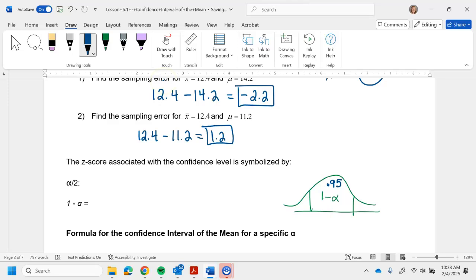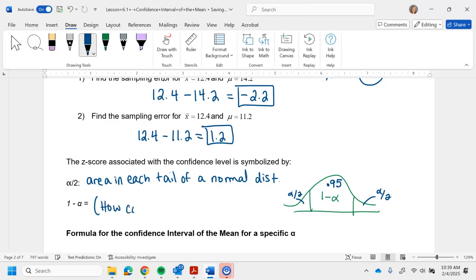Now, here, this is alpha over 2, alpha over 2. Alpha itself is the area in each tail. Then this 1 minus alpha is looking at how confident we are. That's the area in the middle.